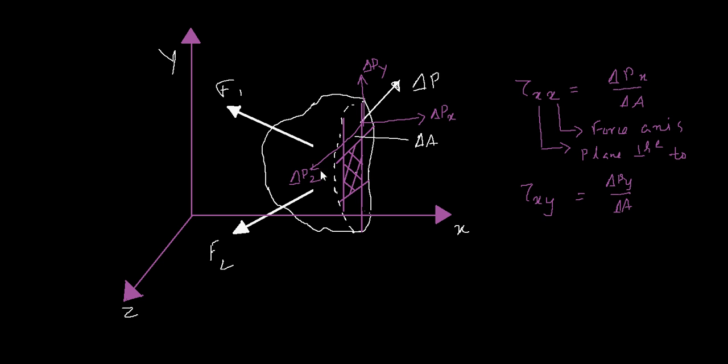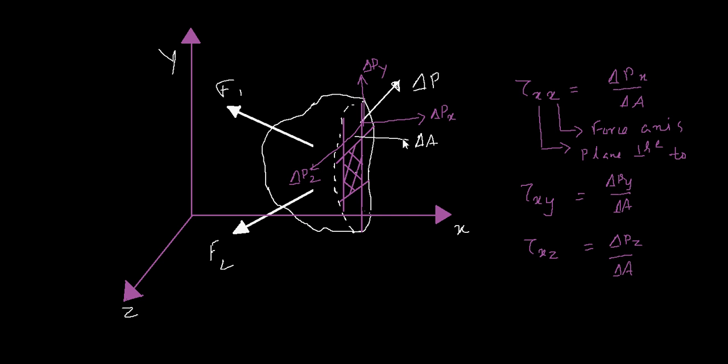And you have one more stress corresponding to this force, that is tau xz equal to delta Pz over delta A. So the first subscript denotes that the arbitrary plane is perpendicular to that axis. The second subscript denotes the force axis.